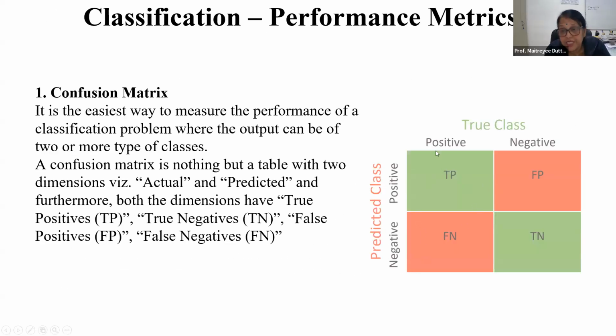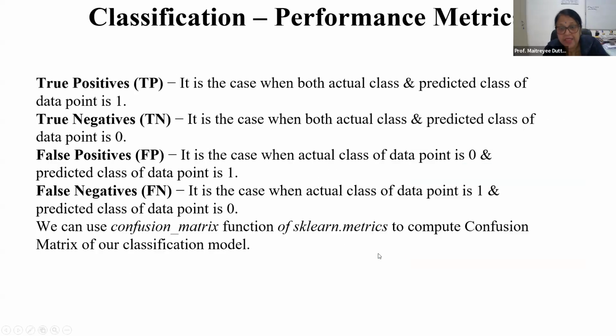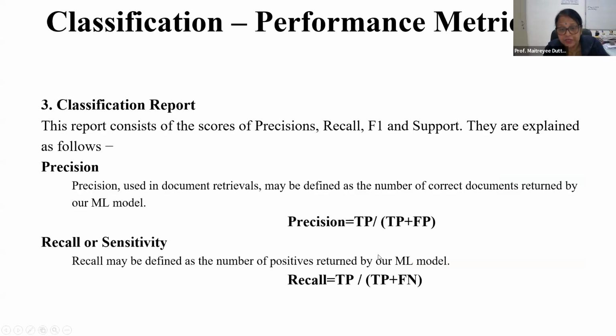That means all the positive values, how many are you getting as actual positive, right? That is your recall. Precision is based on true positive and false positive, that means you are predicting positive but actually it is not positive. So that way you can calculate the precision.